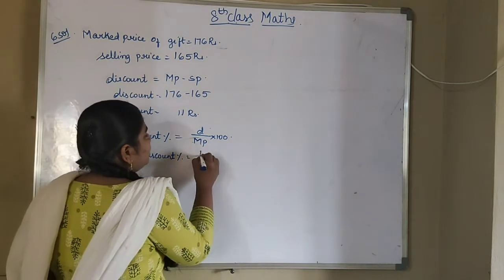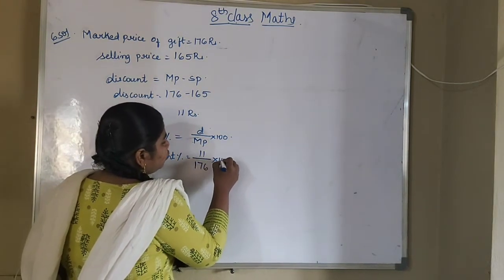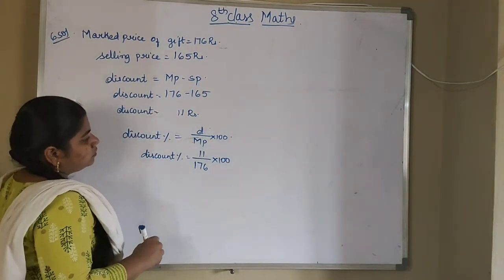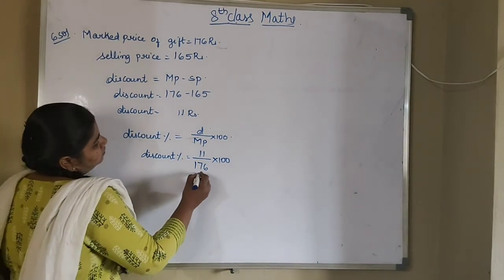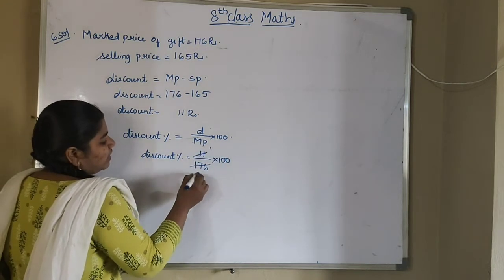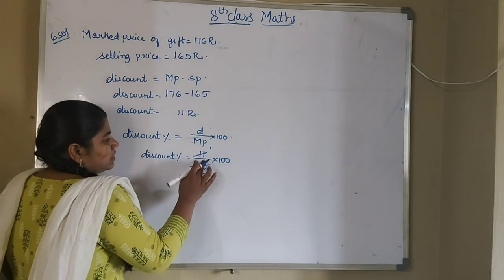That is 11 rupees by market price, which is how much? 176 into 100. So we will do cancellation here. 11 ones are 11, 6 will be remaining. 11 6s are 66.